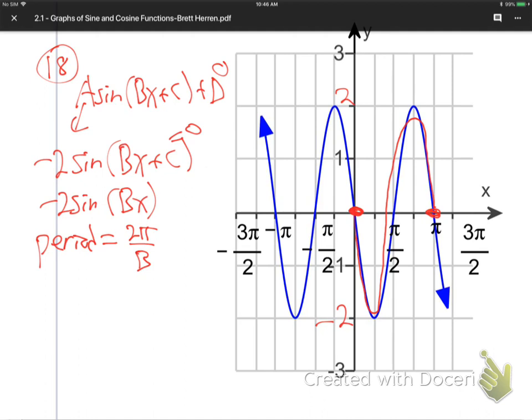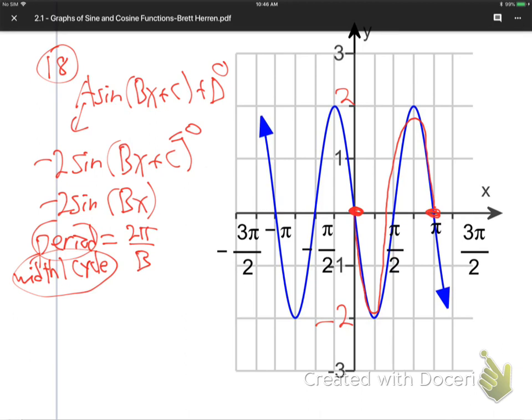Okay, what is the period of this thing? What does period mean? Width of one cycle. That's what period is. You want to be really clear on that. Period is the width of one cycle. We'll be talking about that all semester. So what is the period of this? How wide for one cycle? Pi. Right?